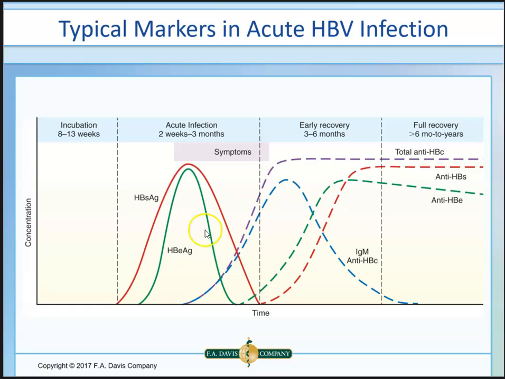So you can see here's the antigens, here's the antibodies, here's the IgM. You can see how the hepatitis B core tails off, and the total was basically just IgG. As you can see, it just goes on for years. Antibodies to hepatitis B surface, antibodies to hepatitis BE. So that's what we're looking for.